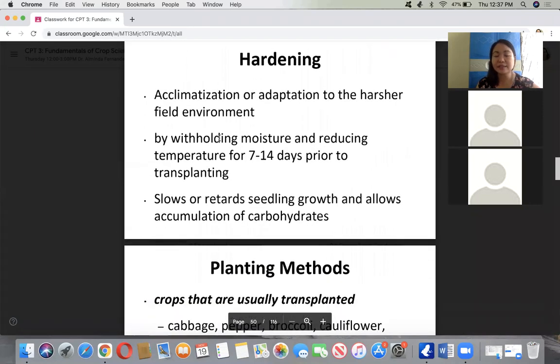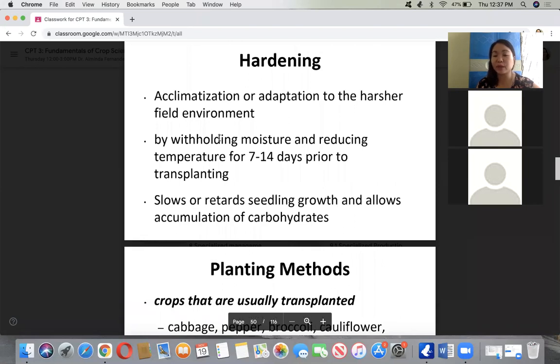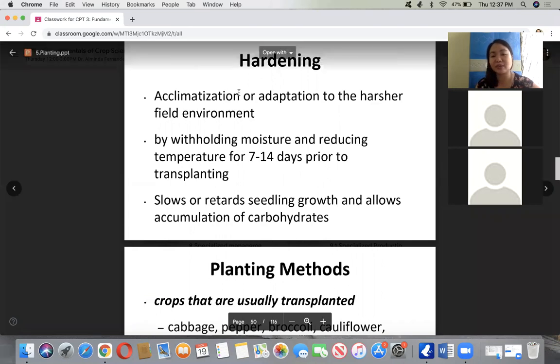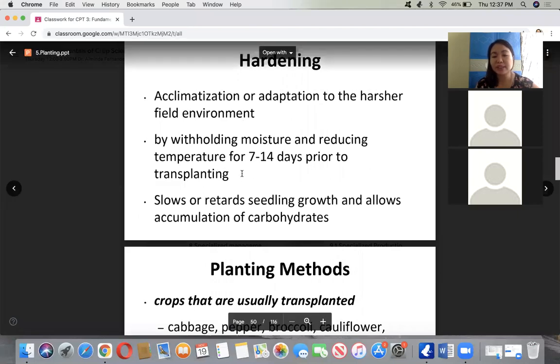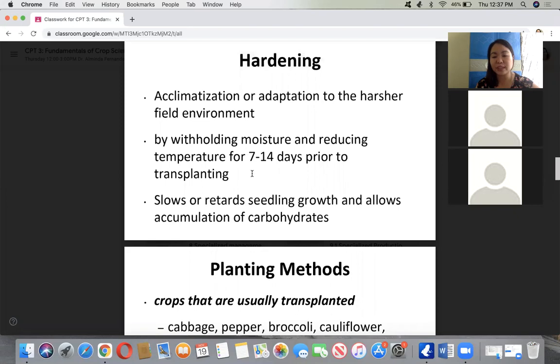Another stage that is very important for seed germination and planting is hardening. It's called acclimatization or adaptation to the harsher field environment by withholding moisture and reducing temperature for 7 to 14 days prior to transplanting. It will slow or retard seedling growth and allows accumulation of carbohydrates.